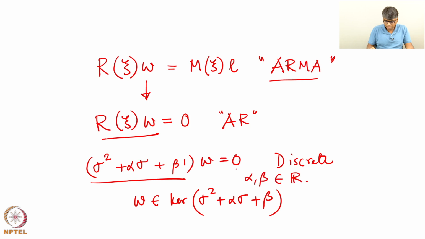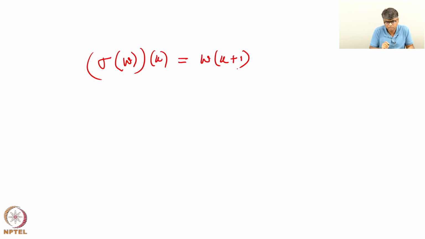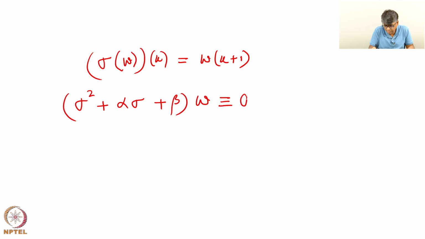Now what does this mean really? It means the following. Remember, what is σ of w evaluated at k? That is w(k+1), right? This is just left shift. So then the difference equation that we have, σ² + ασ + β acting on w is equal to 0. This means it's identically 0.